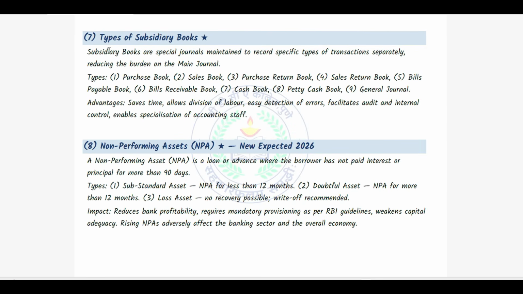Number seven, subsidiary books. Subsidiary books are special journals maintained to record specific types of transactions separately, reducing the burden on the main journal. So number one, purchase book, number two, sales book, number three, purchase return book, number four, sales return book, number five, bills payable book, number six, bills receivable book, number seven, cash book, number eight, petty cash book, number nine, general journal.